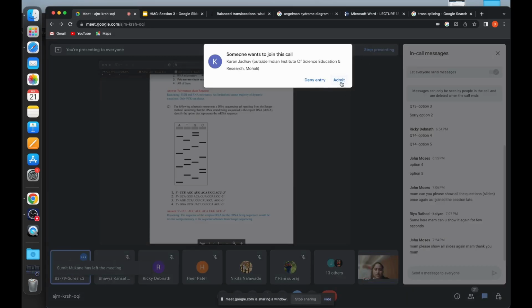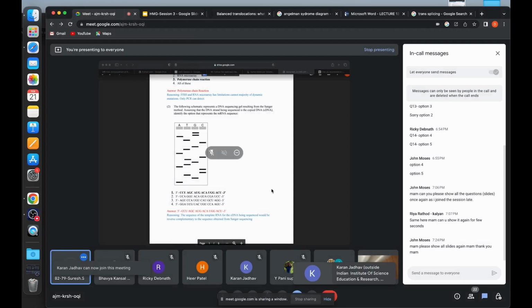That will be equal to the cDNA, but in the cDNA, introns will not be present as they were present in the DNA. So the correct option was this, 5' to 3' CCUAGC. In this, they have given that the sequence of the template RNA for the cDNA being sequenced would be reverse complementary to the sequence obtained from Sanger sequencing.